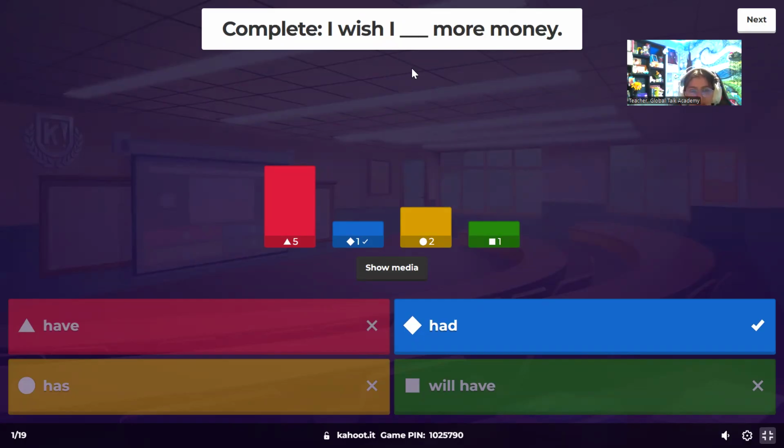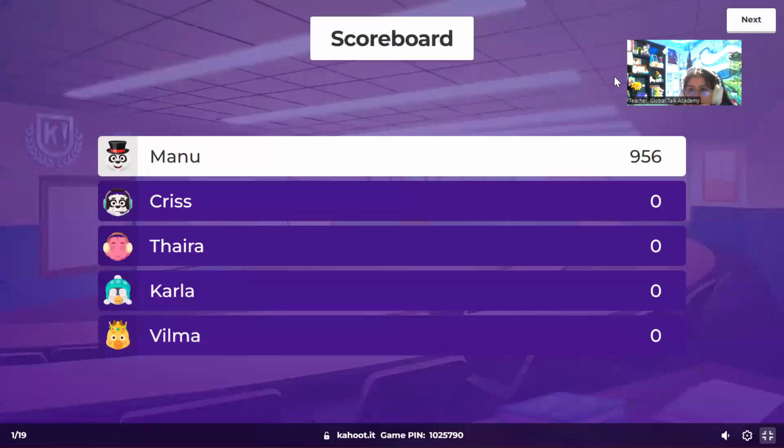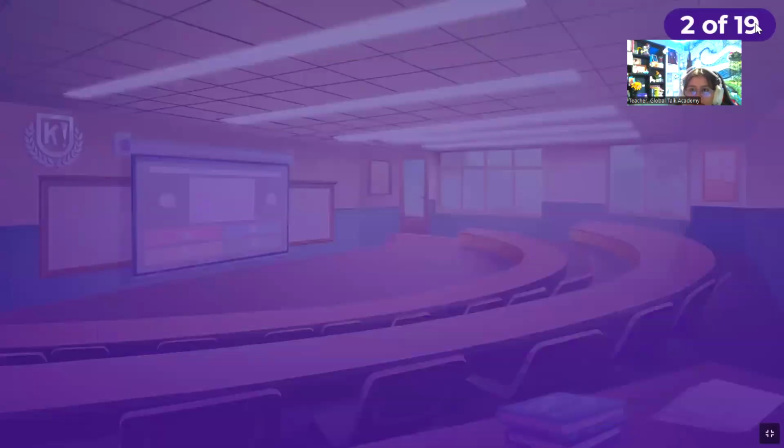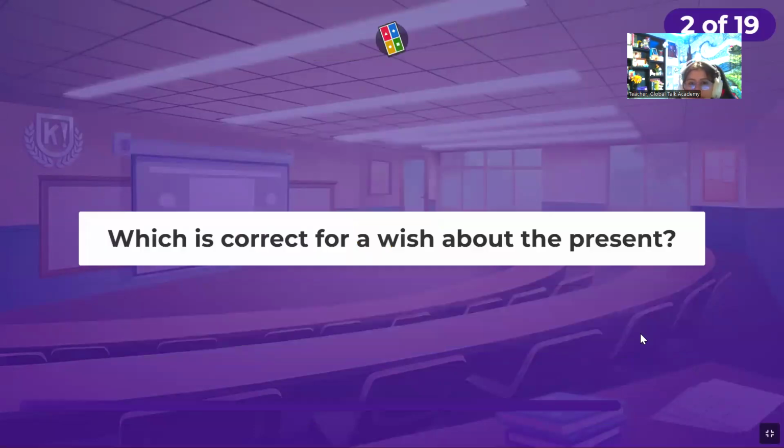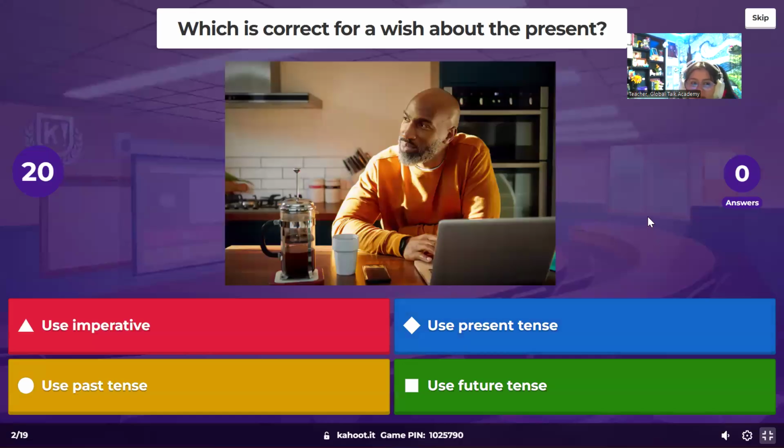So let's go to the next one. So we had a lot of have, but remember that when we use wish it is in the past. I wish I had. So let's continue with the next one, second one, which is correct for a wish about the present.